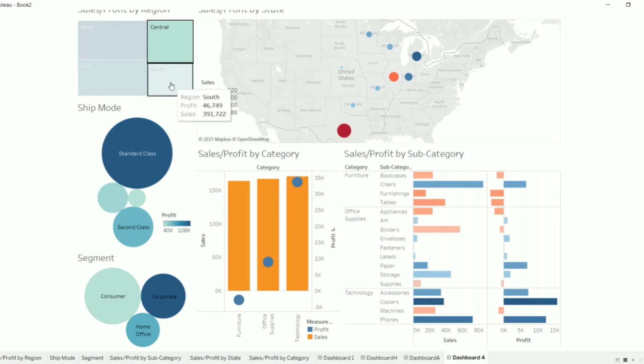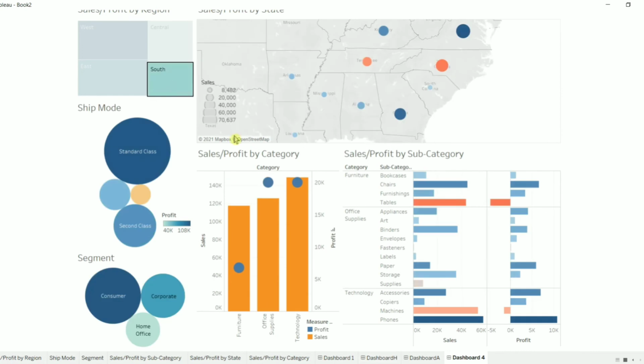Moving to the South region, we can see Technology and Office Supplies are doing well, and the Machines subcategory from Technology even here seems a problem area. Furniture in the South region is doing comparatively well from the other regions, leaving the Tables subcategory, which is giving more of negatives.